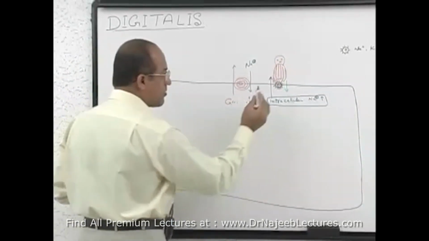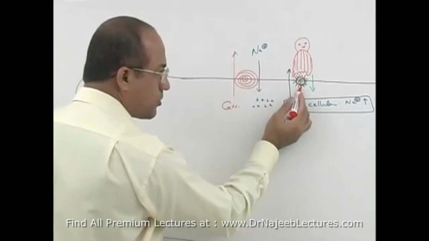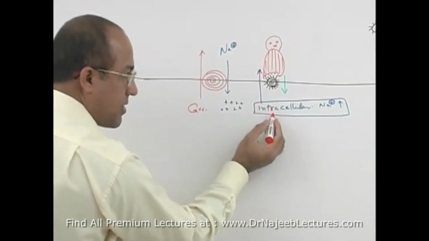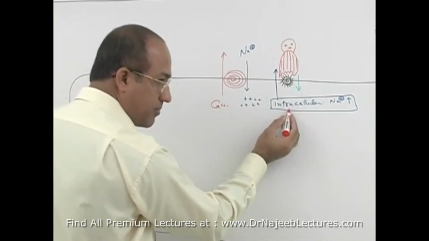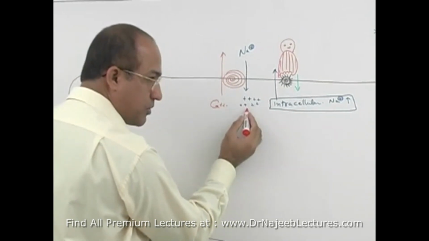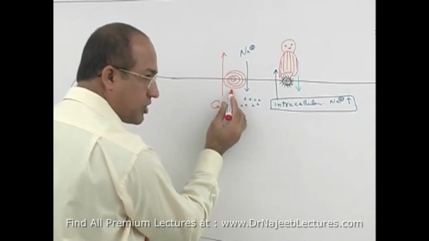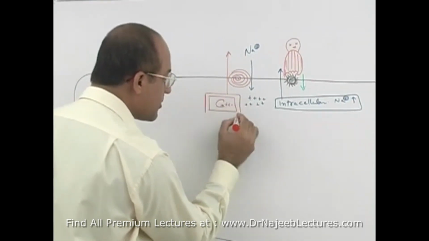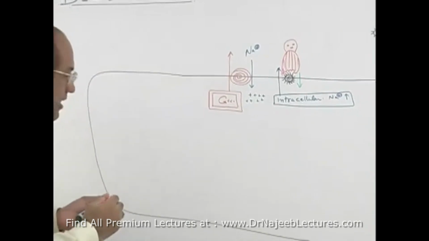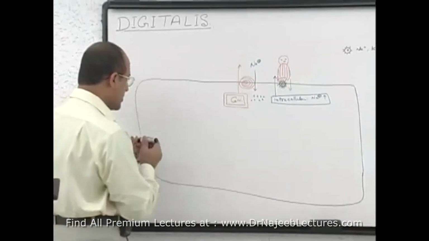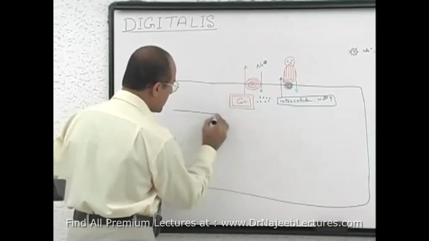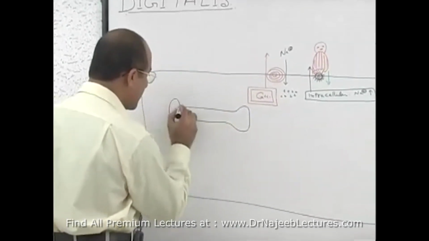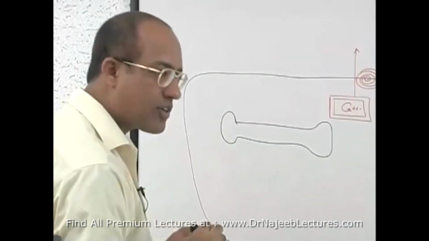In this way, blocking the sodium-potassium ATPase primarily increases intracellular sodium, but when intracellular sodium is more, that fills the exchanger and that secondarily increases intracellular calcium. And this calcium, which is unable to go out, is captured by a special intracellular apparatus. What is this? Sarcoplasmic reticulum.